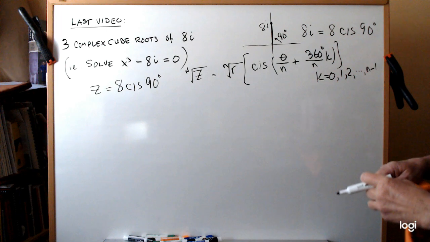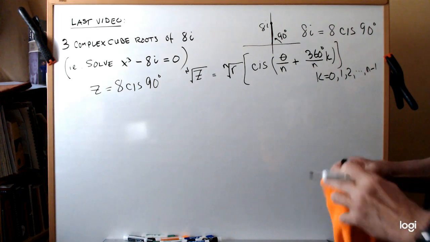So we're going to get n roots. So if we're doing a cube root, we're going to get 3 cube roots.